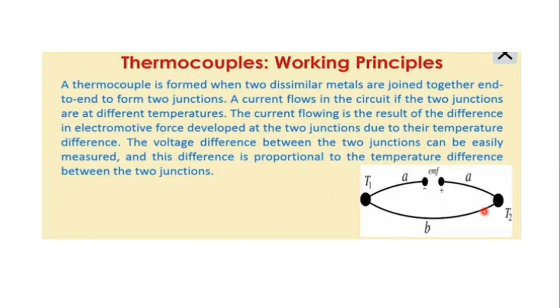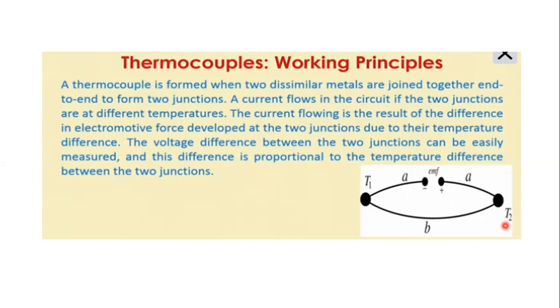According to the working principle of this thermocouple, it will provide an EMF on this loop. So when we connect a voltmeter within this loop, you can measure an electromotive force by using that voltmeter, and that will be proportional to the temperature difference between these two junctions. That is the working principle of a thermocouple. Constructionally it is a simple construction.